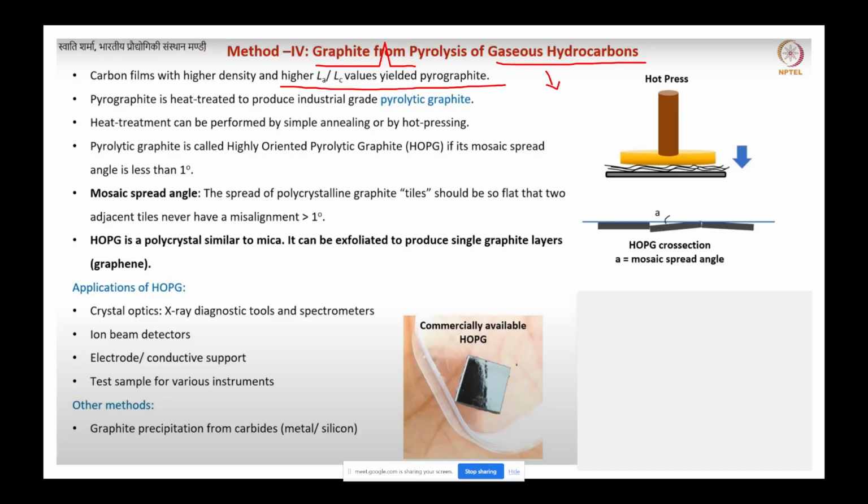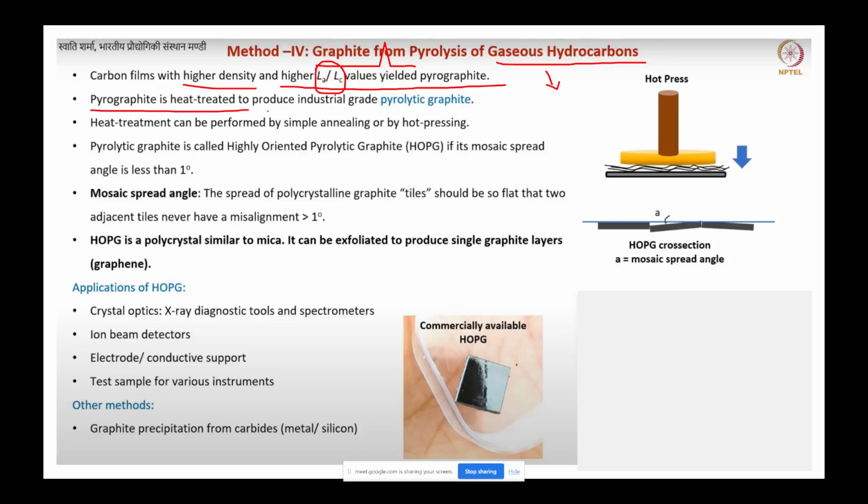Pyrographite will yield only when the carbon film has a higher density and a higher La by Lc. I hope you remember that in the last class I introduced these terms, La and Lc. If you do not remember, then please watch my last interaction session.